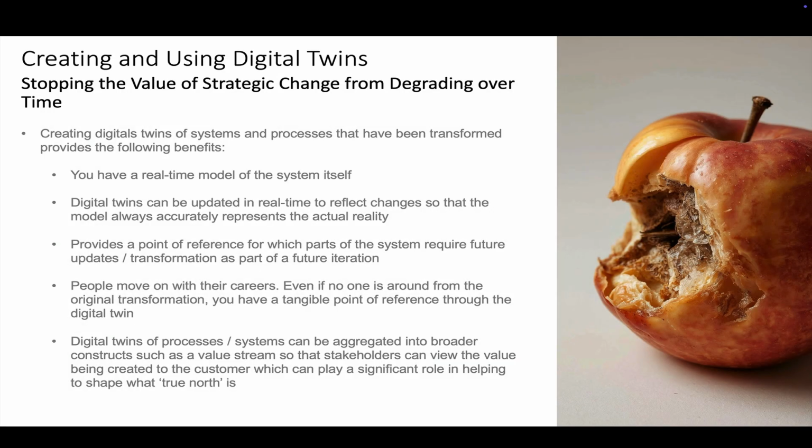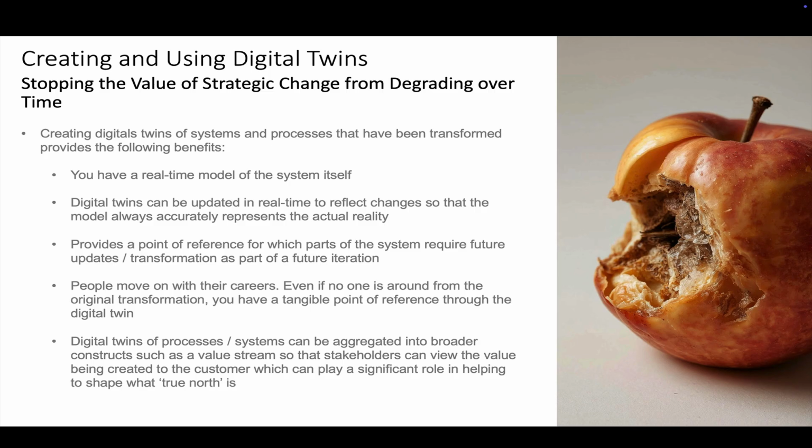Creating digital twins of systems and processes that have been transformed provides the following benefits. You have a real-time model of the process/system itself. In a real-time, always connected world in which customers expect products and services to be relevant, up-to-date, and providing continuous value through evolution, this does not bode well for static systems that are the bedrock of a supplier.